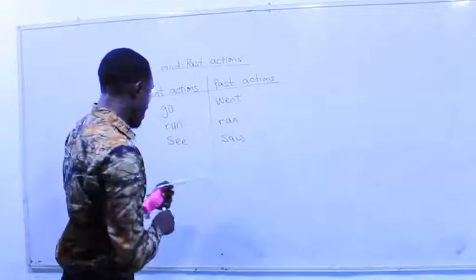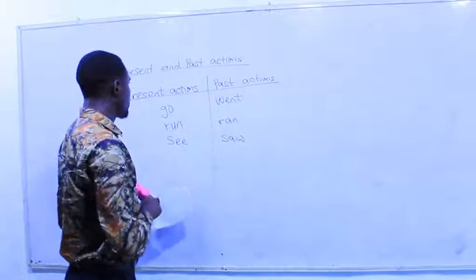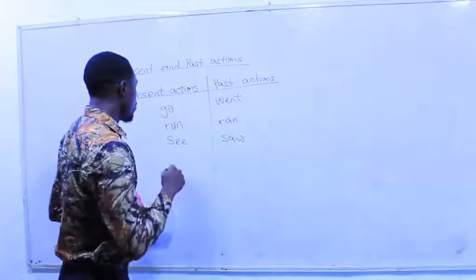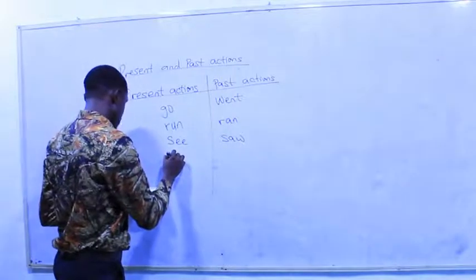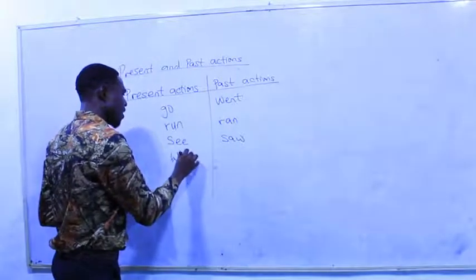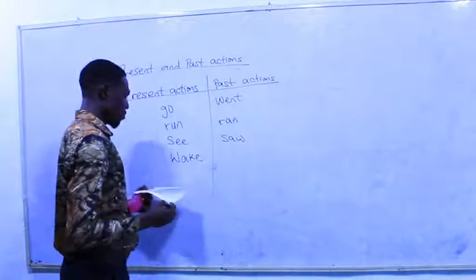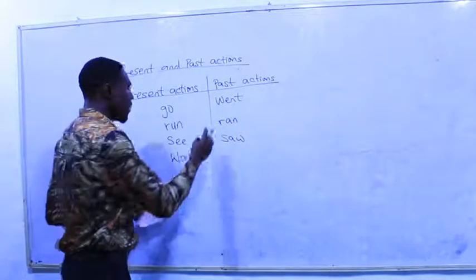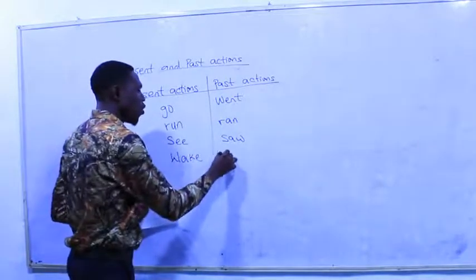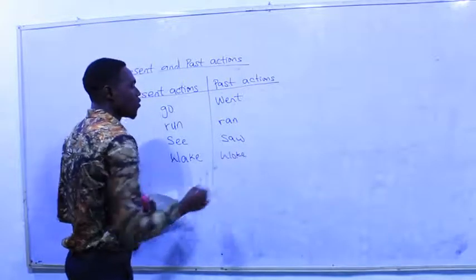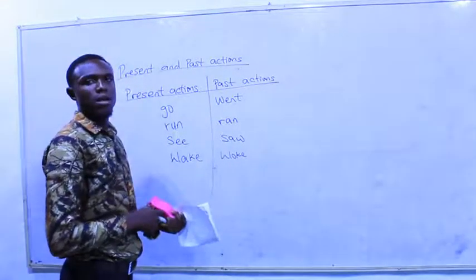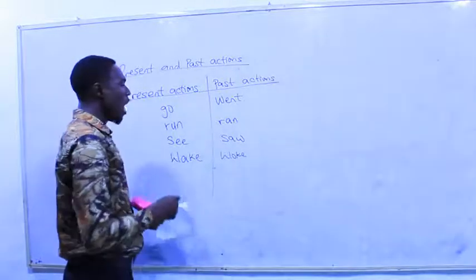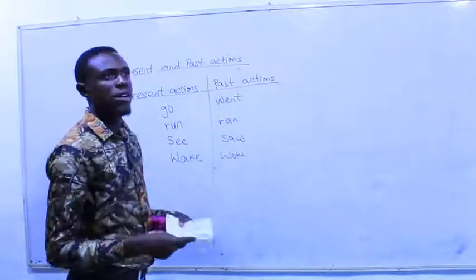Okay? Another example here is wake. The past action of wake is what? Woke. So you don't say, I wake up yesterday. No. You say, I woke up yesterday.